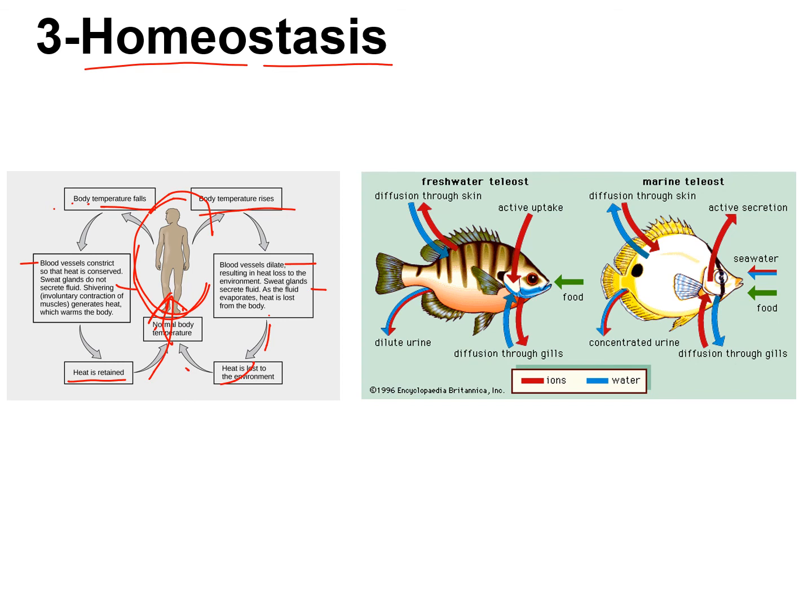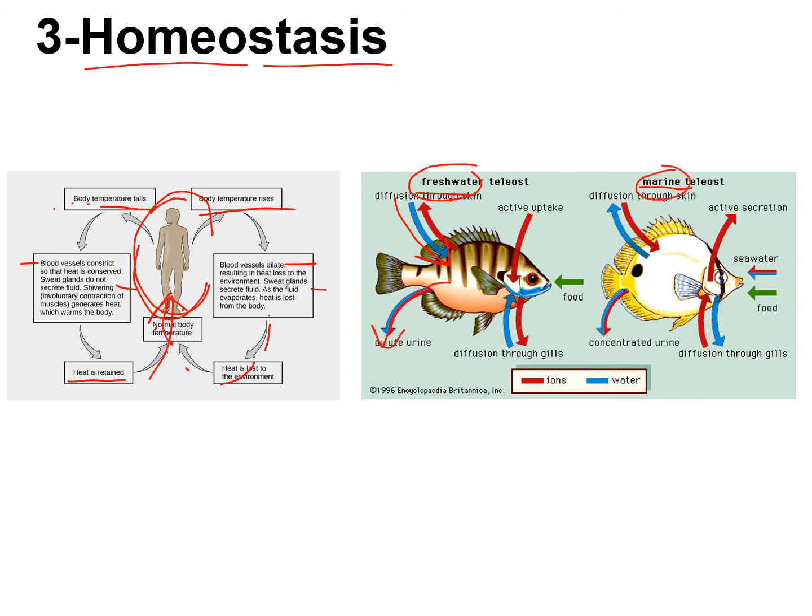Another example of homeostasis is maintaining a constant water content, and fish that live in either fresh water or marine water, they have to be able to regulate the concentration of water in their bodies. And when a fish lives in fresh water, a lot of water tends to diffuse into the fish. So the fish, they regulate with their kidneys, and they secrete a lot of water in their urine because so much water is diffusing into their bodies.